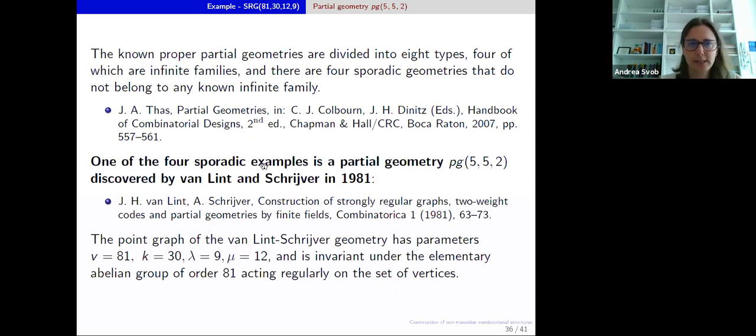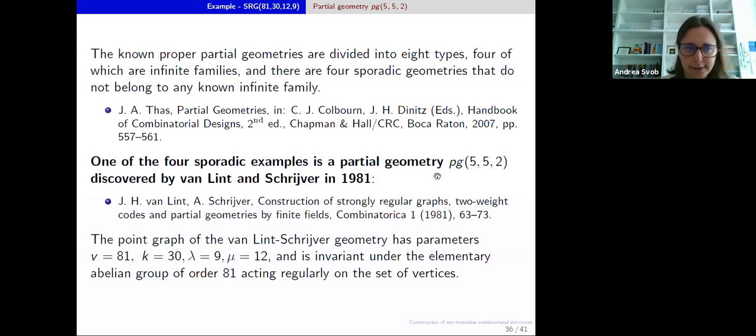One of these sporadic examples is a partial geometry with parameters PG(5,5,2) that was discovered by Van Lint and Schreiber in 1981, and it is explained in this paper.